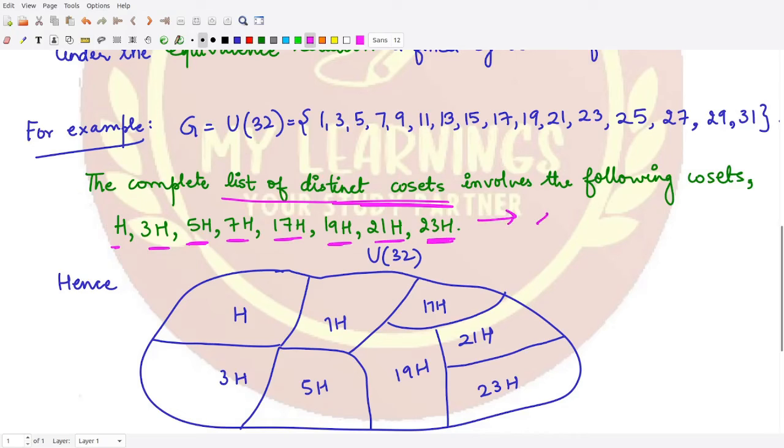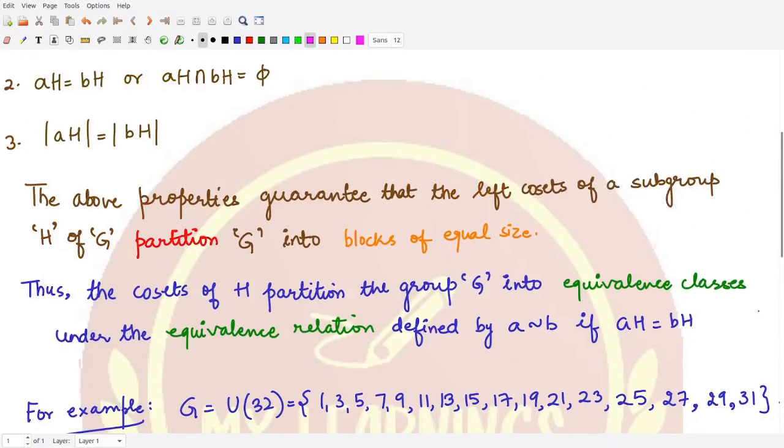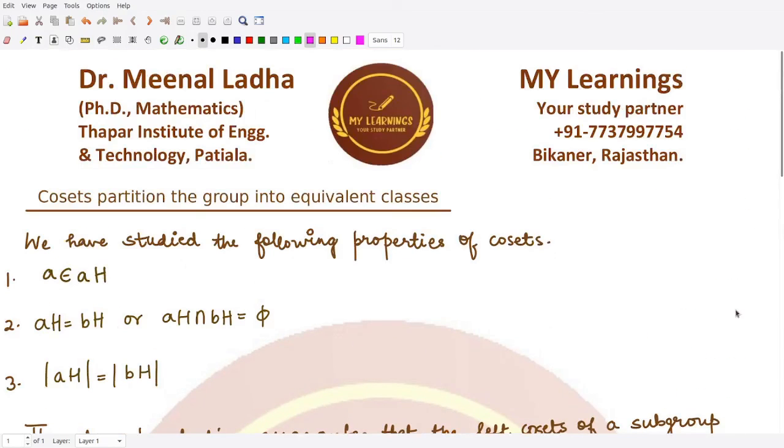All of them have size 2, that we have already seen. So each one of them has equal size. So this group U32 is now partitioned into such 8 partitions where all of them have equal sizes, all of them are disjoint to each other, and none of them is equal to each other. So this is the partition, and this is how you can partition the given group by different cosets of a given subgroup. So I hope you understood this concept well.